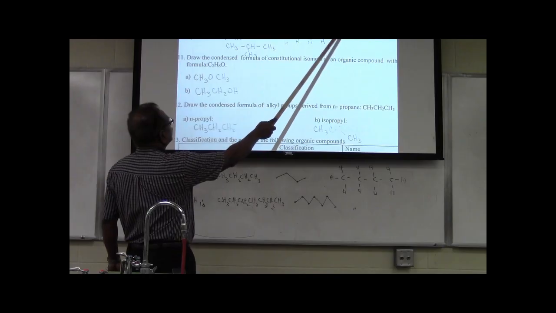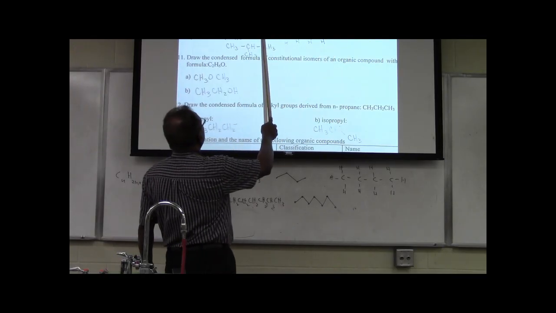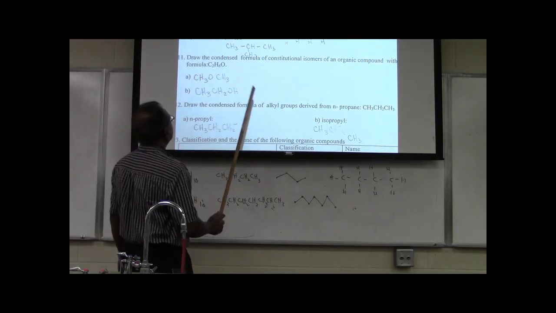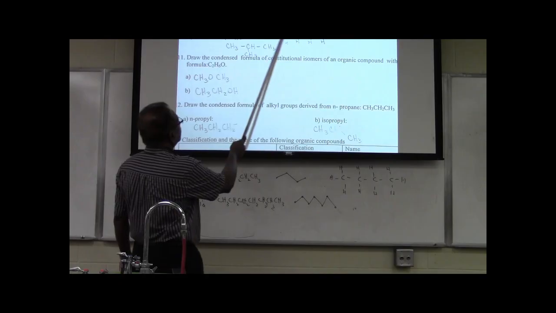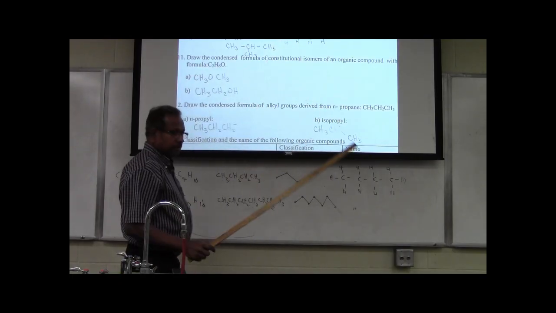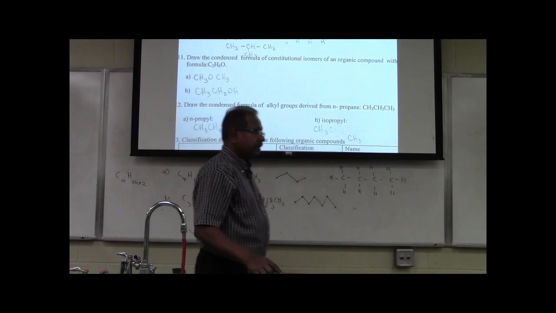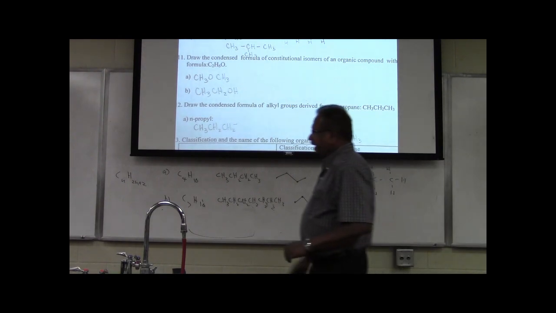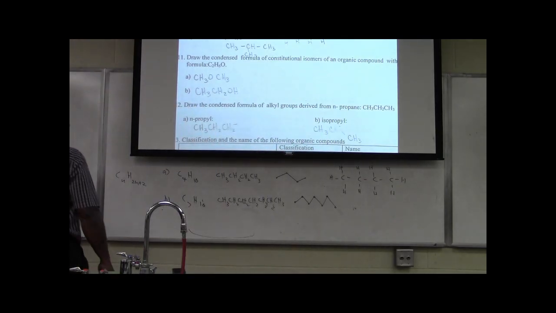Draw the structural formula of constitutional isomers with the formula there, with 4 carbon atoms. Now, 4 carbon atoms could be bonded as a straight chain or a branched chain.